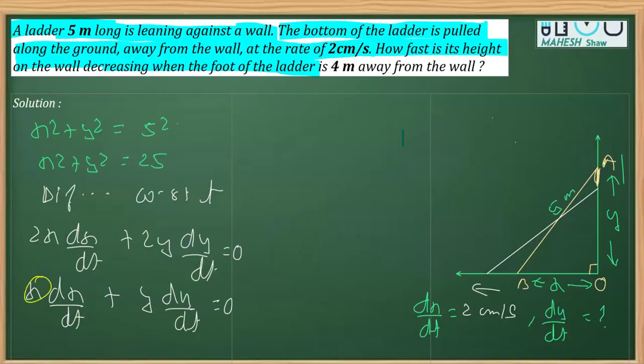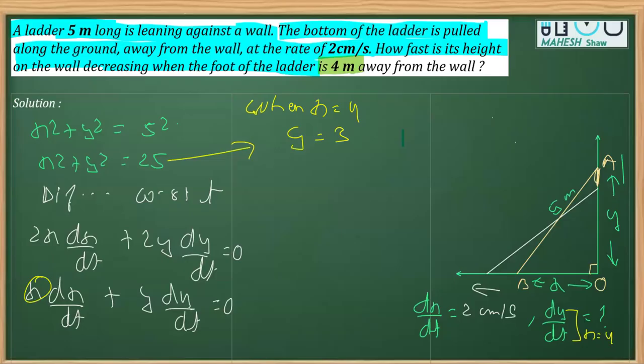Now next, we know the value of x here. So let's say when x is 4, what should be y? You know that 3, 4, and 5 are Pythagorean triplets, so I can say y is 3. When x is 4, y is 3. Now, technically, we have to find dy by dt at x is equal to 4.